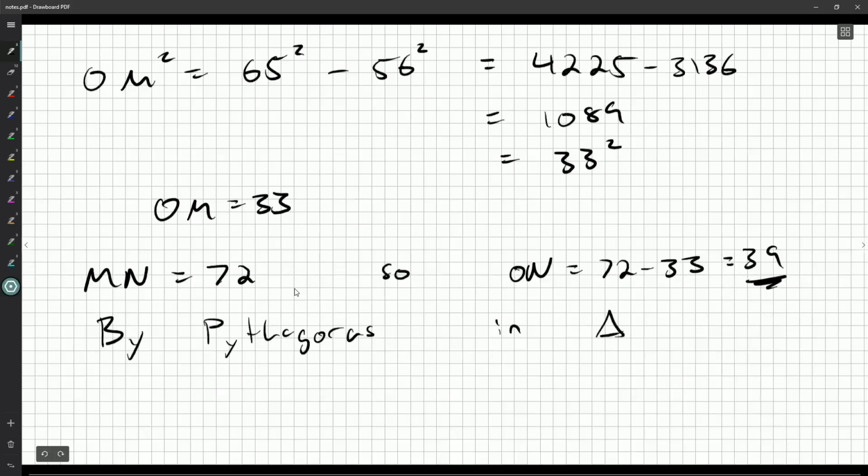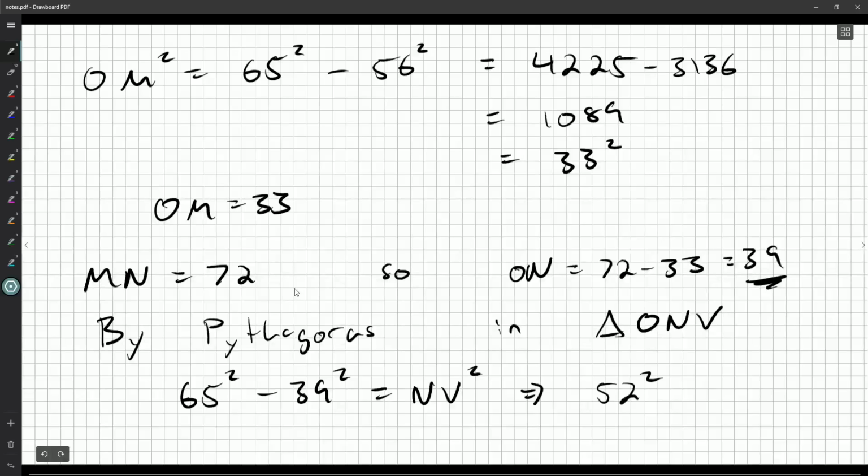By the Pythagorean Theorem in triangle, what was it? ONV. 65 squared minus 39 squared is going to be NV squared. 39 is 3 times 13. 65 is 5 times 13. So NV should be 4 times 13. So that'll be 52 squared is NV squared.